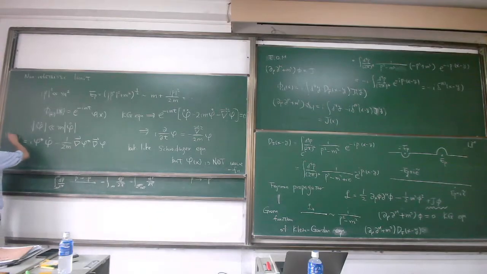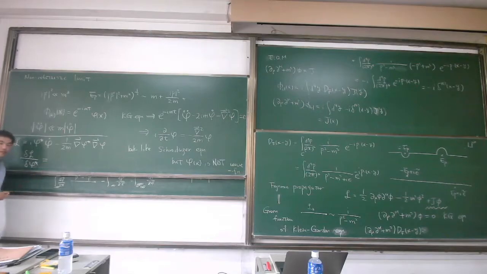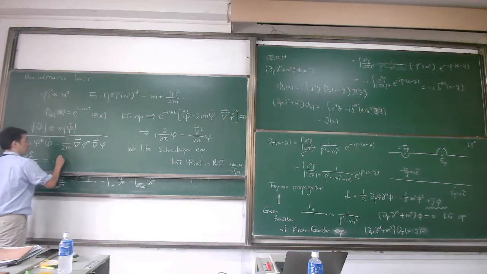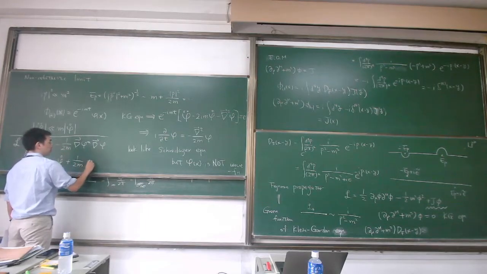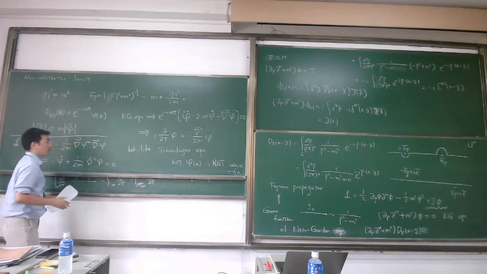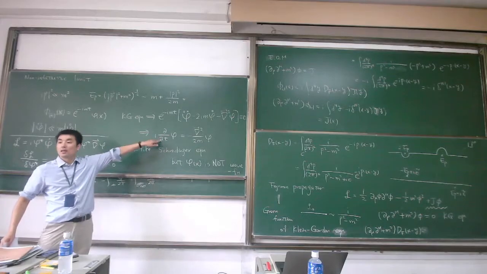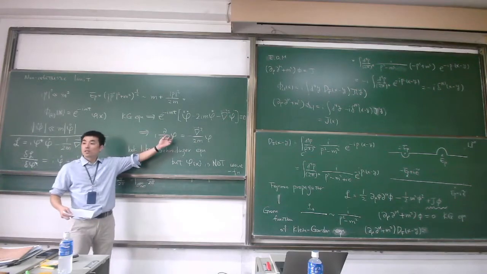So if you start with this Lagrangian and take the equation of motion, taking a variation with respect to phi star, what we get is i times phi dot plus 1/2m of the Laplacian of phi, equal to 0. Therefore, the equation of motion agrees with this one. So this Lagrangian can be understood as the Lagrangian for this equation of motion.